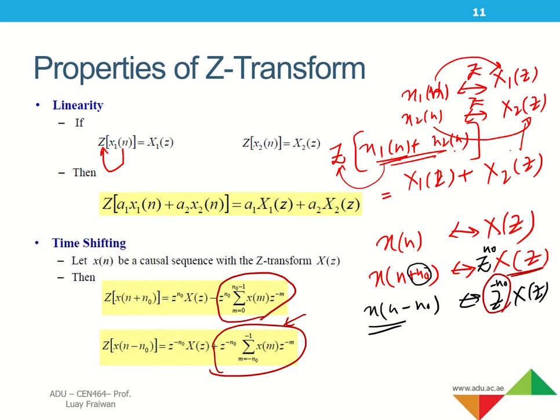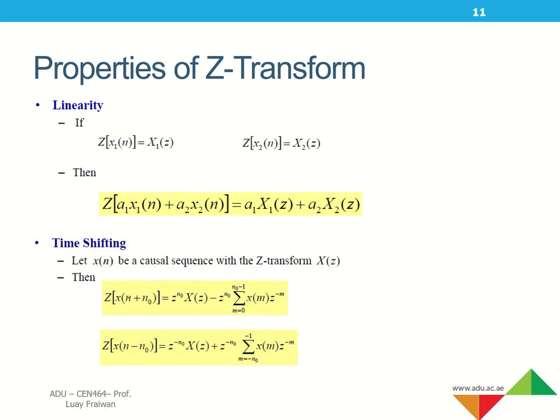The important thing to notice is that if we have a positive shift, then we can calculate these values. We multiply z to the power of n, and here we also multiply z to the power of n, and take the summation from m equals 0 to n naught minus 1.